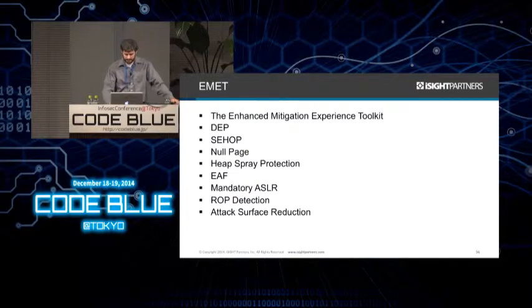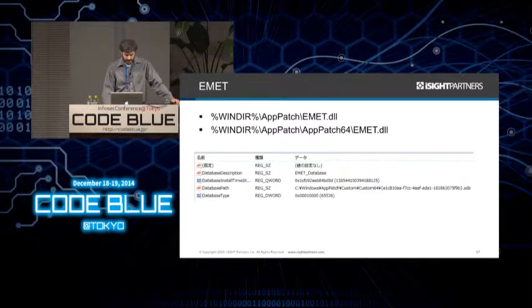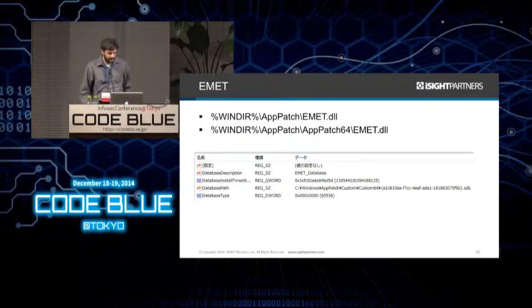And so EMET is actually run through this shim engine, this application compatibility framework. And the same directory here, this AppPatch, is where we had our system shims that we talked about very early on with Alex Ionescu's work.